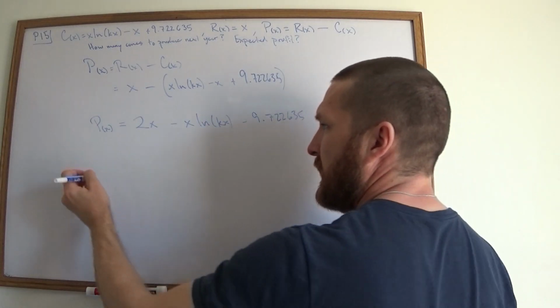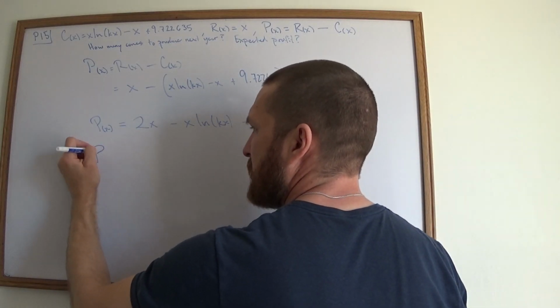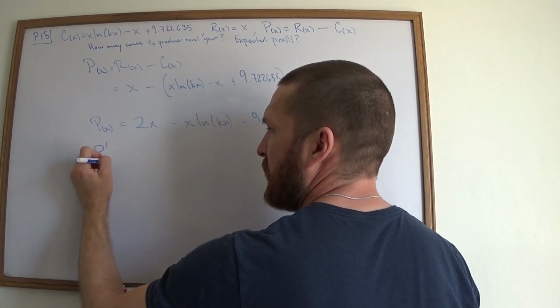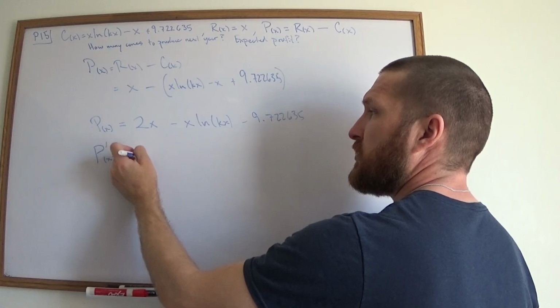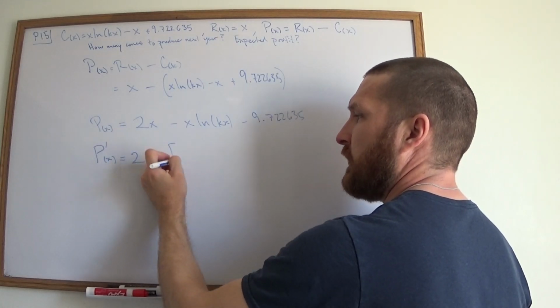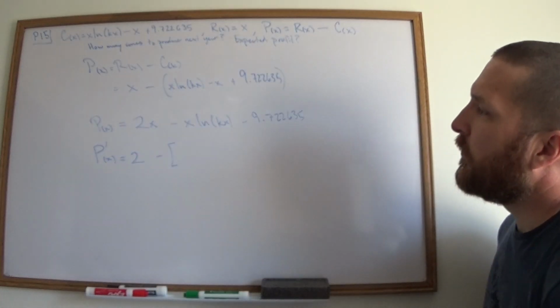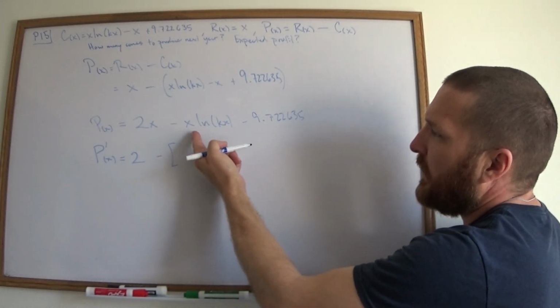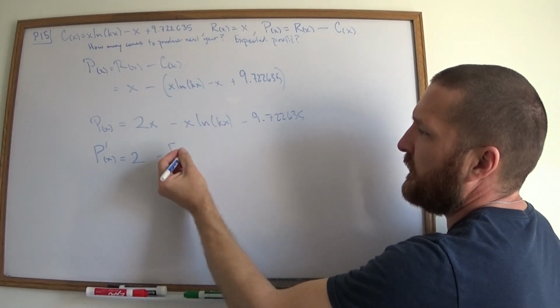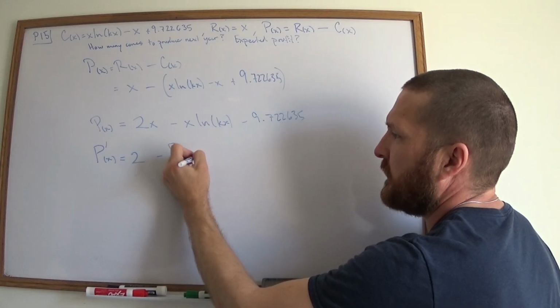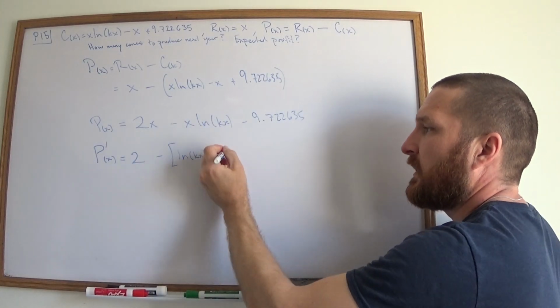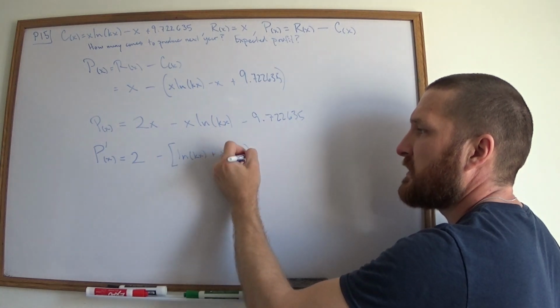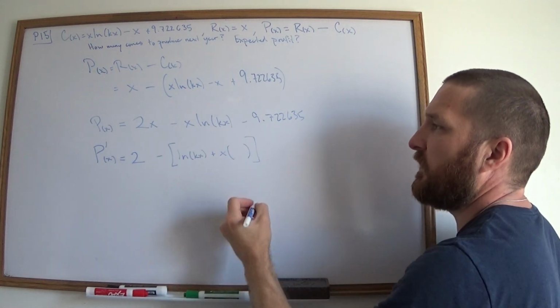In order to find where its max occurs, I'm going to take its derivative. The derivative of 2x is just 2 minus, we have to do a little product rule here for x log kx. I take the derivative of x, leave the second part alone, add that to leaving this alone and taking the derivative of the next part.